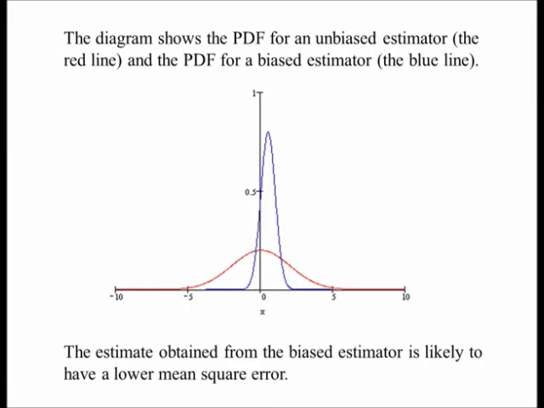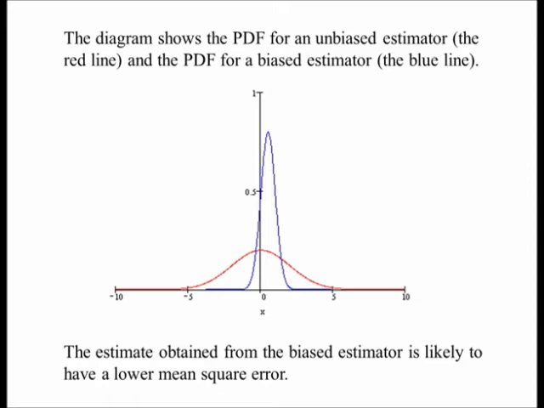Now we can illustrate that as follows. What I've done here is just draw some hypothetical probability density functions for two different estimates of some random variable of interest. And for the sake of argument, I'm going to assume that the true value of this random variable is 0.